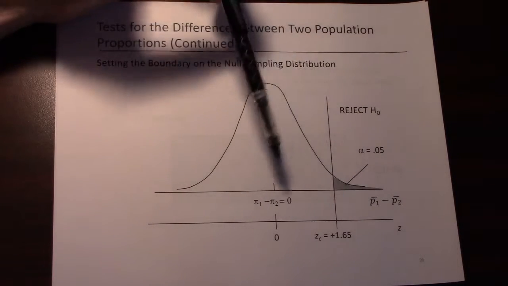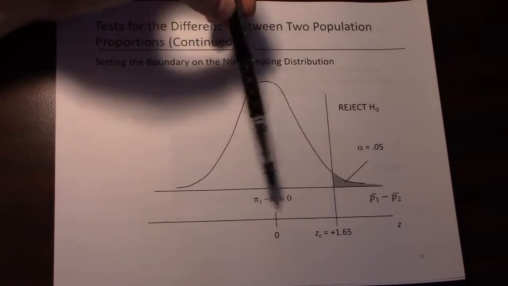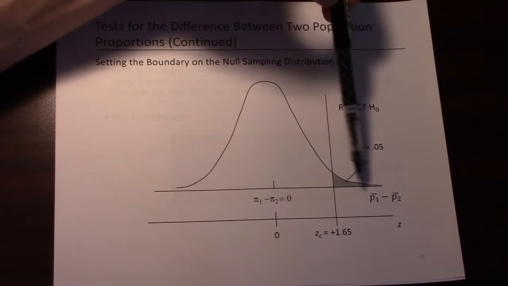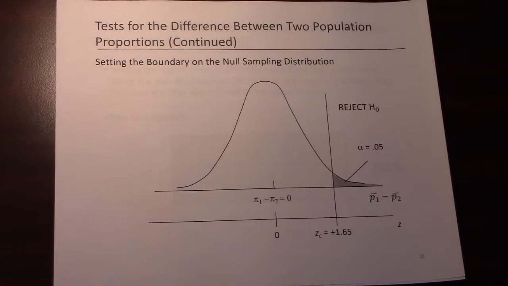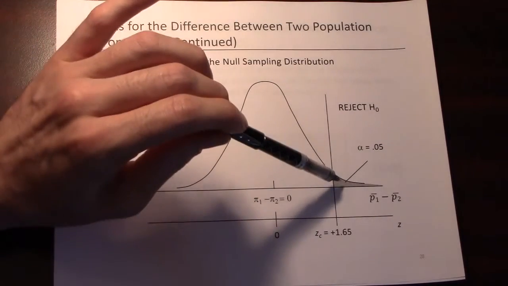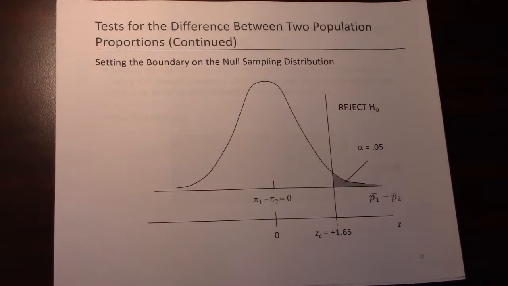We would say, well, if there truly is no difference between proportion 1 and proportion 2, then we would only get a sample proportion difference this great, this significant 5% of the time. Same thing. If the null hypothesis is true, then this would only happen 5% of the time. And when I say this, I mean the sample proportions that we go out and test using good sampling techniques, and we find the difference between those two.